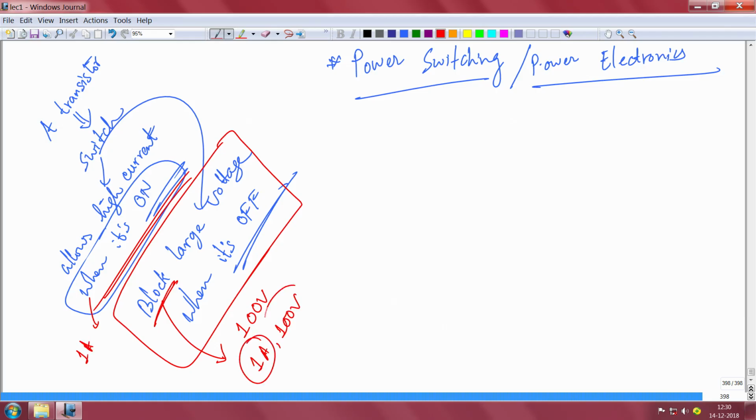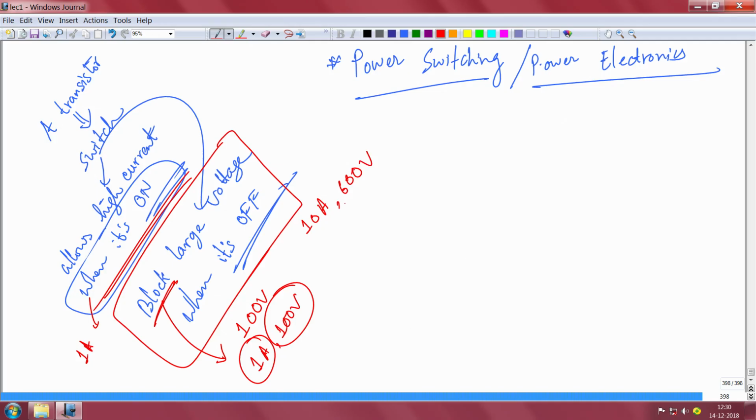This 1 ampere and 100 volt do not come together. You do not apply 100 volt and get 1 ampere of current by the way. That is wrong. When you say that I have a transistor that is rated at 10 amps and 600 volt, it does not mean that you apply 600 volt and you are getting 10 amps of current.